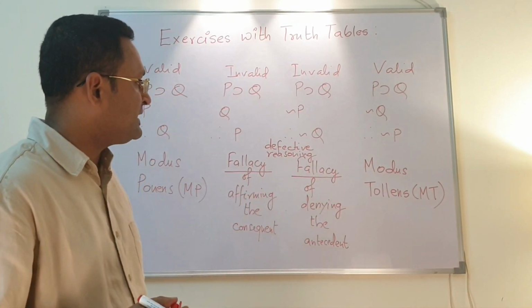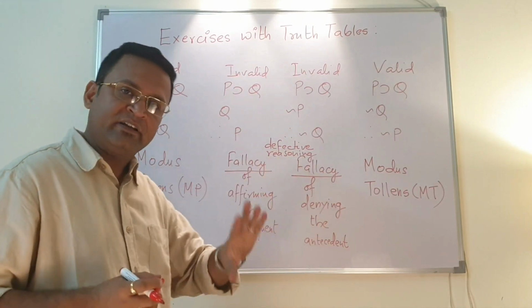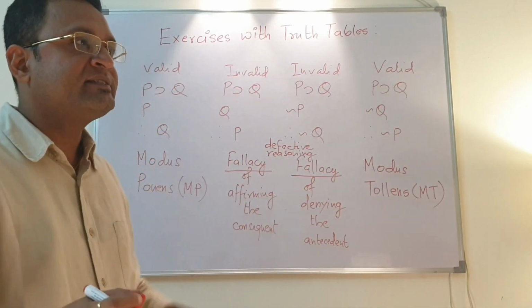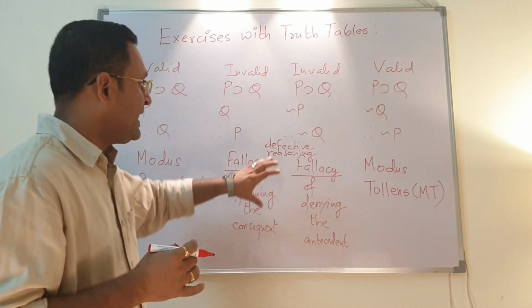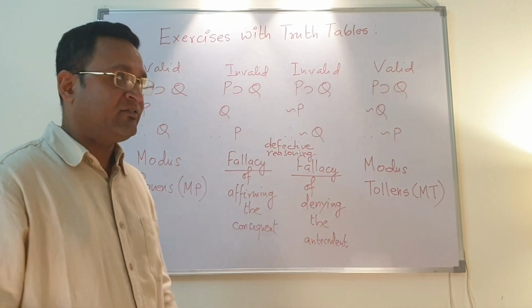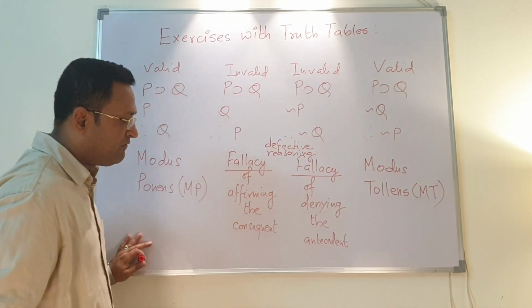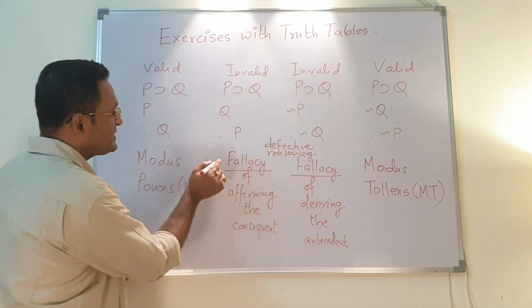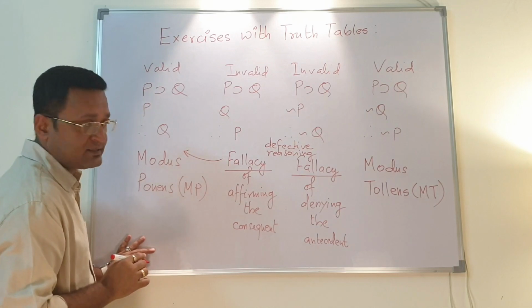Similarly, when we say something is a fallacy, it logically means that there is a defective reasoning associated. That means there is a defect in reasoning and people have not understood it properly, and therefore we are committing this fallacy.